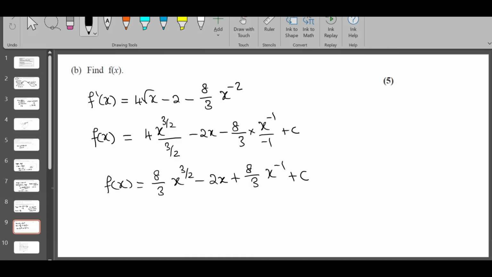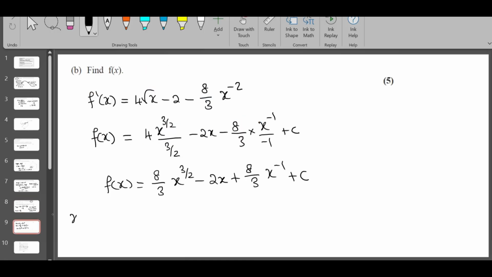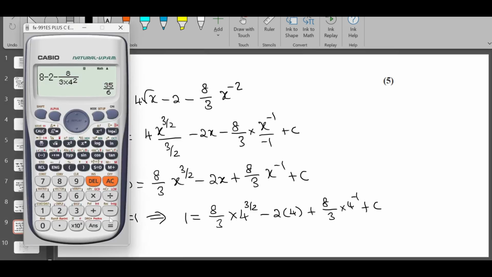Now we need to find the value of c using the point. The point lies on the function, right? So replace x by 4, and f of x by 1, not y by 1. So 1 is equal to 8 over 3 times 4 power 3 over 2, minus 2 times 4, plus 8 over 3 times 4 power minus 1 plus c.